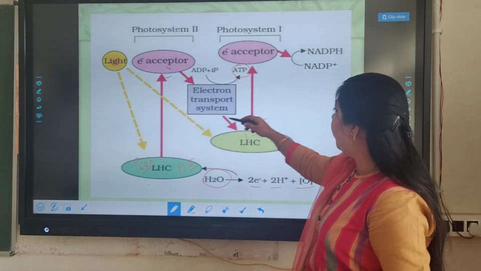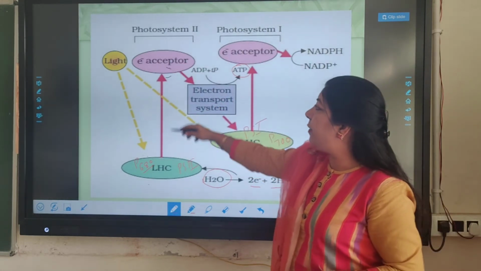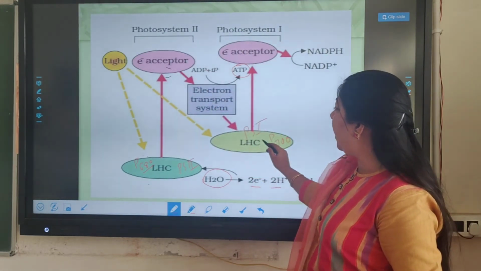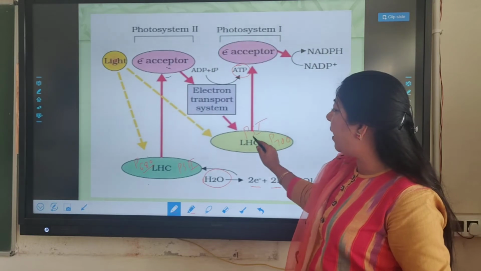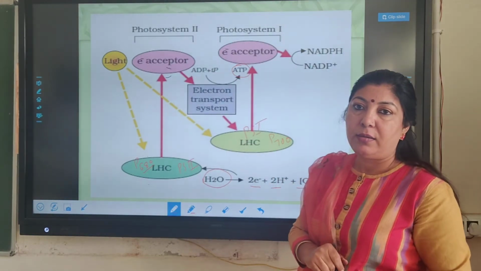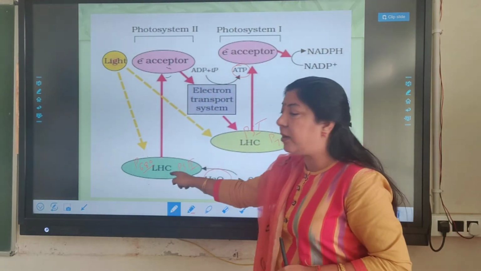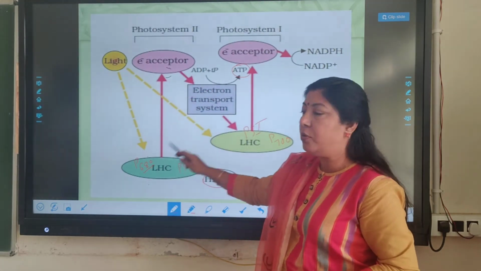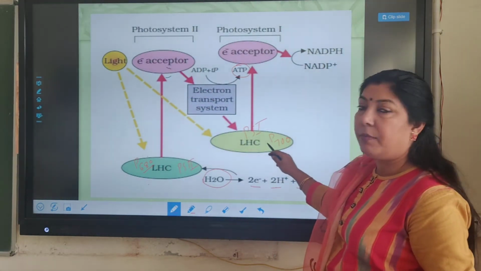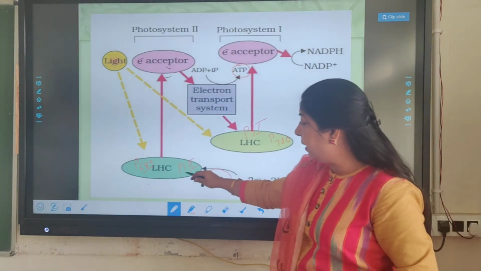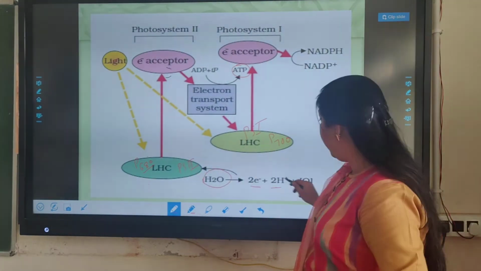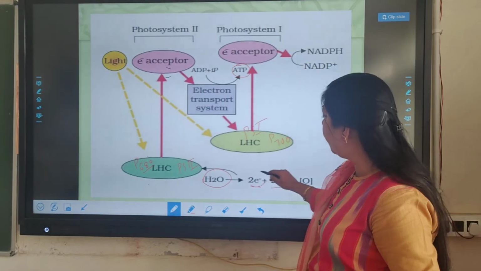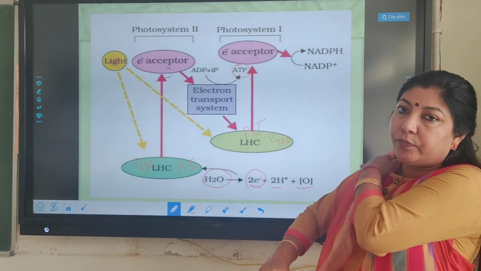And ultimately these electrons which were lost from here, they are accepted by PS1. So same electron is not coming back. This electron which was lost from this PS2 is absorbed by PS1. And here the electrons which were lost is coming from this photolysis of water.